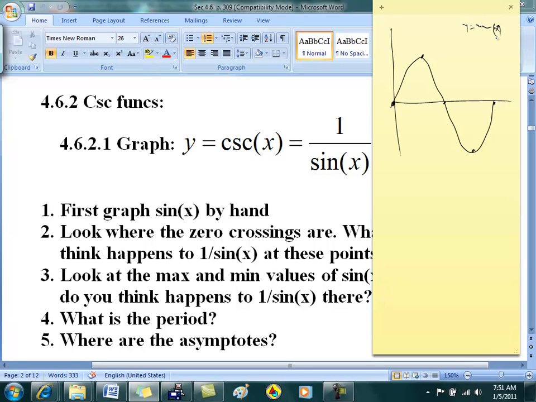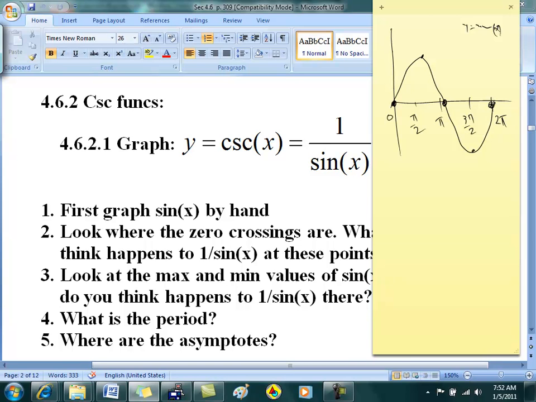Sorry about my scribbles. Okay, so this is 0, this is pi over 2, this is pi, this is 3 pi over 2, and this is 2 pi. Exactly like what Cliff has. Okay, then read the instructions. Look where the 0 crossings are. In other words, looky here, and looky here.